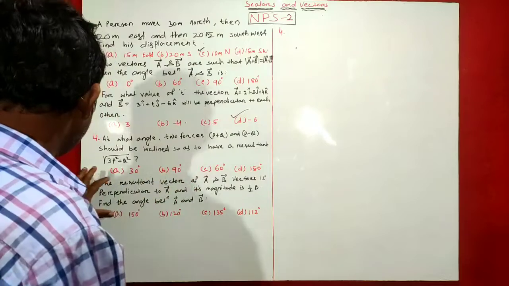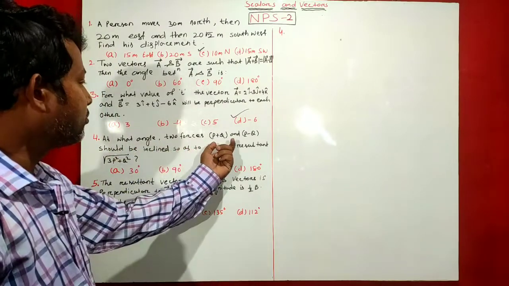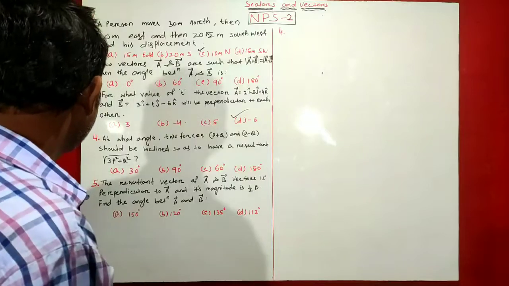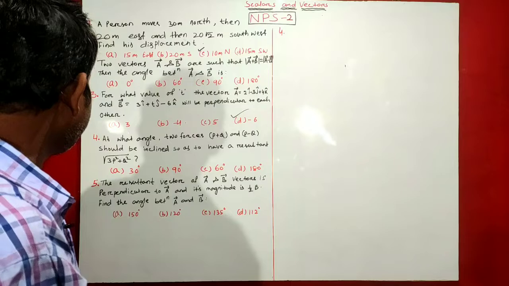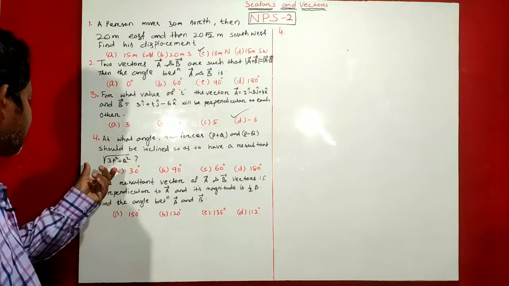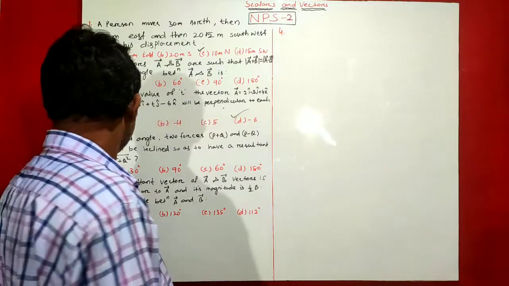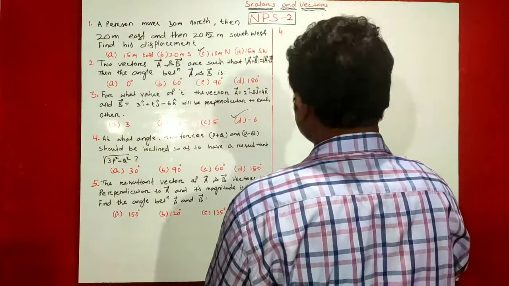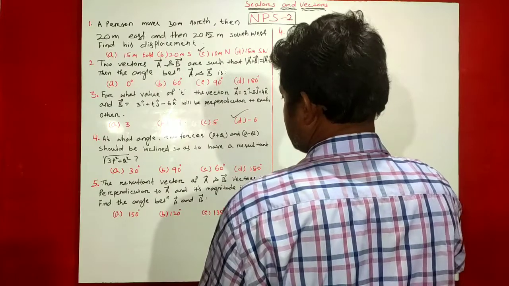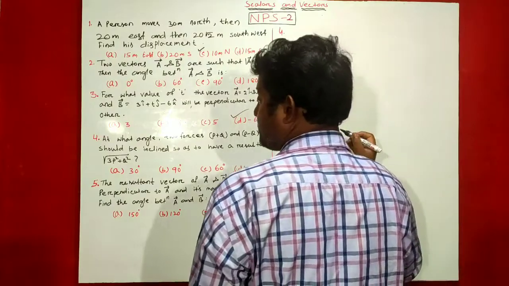Next question is number 4. At what angle should two forces P plus Q and P minus Q be inclined so as to have a resultant of under root of 3p square plus Q square? So guys, these two vectors, P plus Q and P minus Q, are both vectors.